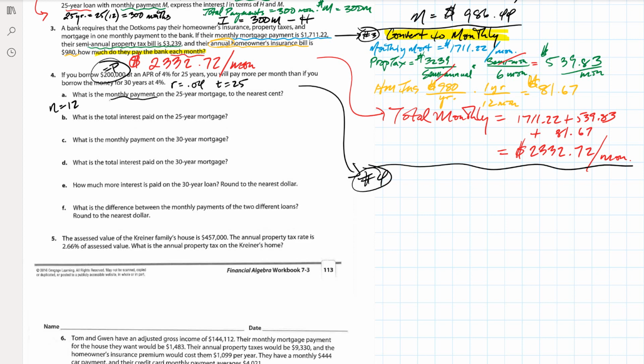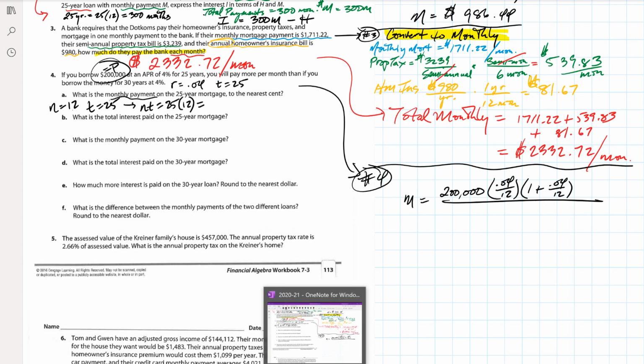Here we go. So M is equal to, in this case, 200,000 times R divided by N, so 0.04 divided by 12, times 1 plus R divided by N, which is 0.04 divided by 12, raised to the nt power. Well, n is 12 and t is 25, so n times t is 25 times 12.